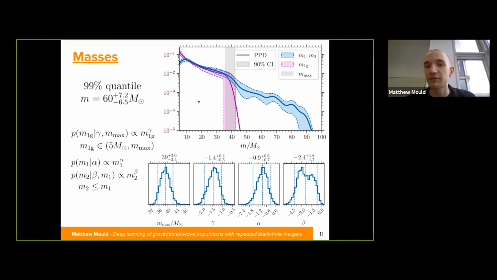And this cannot be accounted for by the first generation sources. And we find that most sources lie in this range up to about 60 solar masses, but this upper cutoff, which we find to lie at about 40 solar masses, is consistent with the predictions made by the theory of stellar evolution and supernovae.